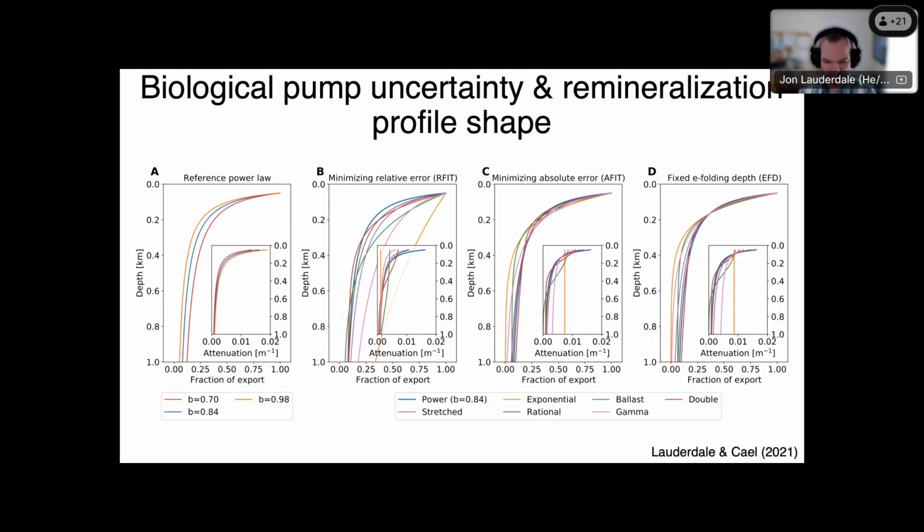So the third part I wanted to quickly go through was looking at the uncertainty of the biological pump.